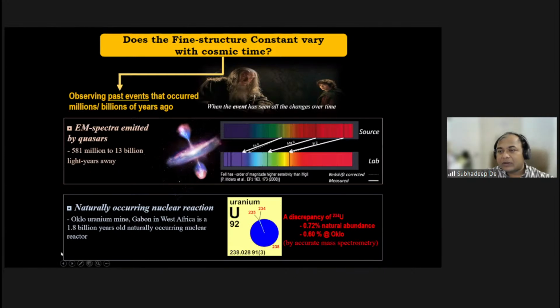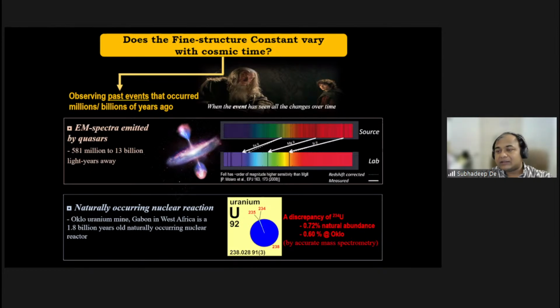And one such phenomenon does exist on our Earth, called the Oklo uranium mine in Gabon, in West Africa. This is a uranium mine where nuclear fission reactions have been happening over the last 1.8 billion years, just after the beginning of Earth, something on that order of time scale.